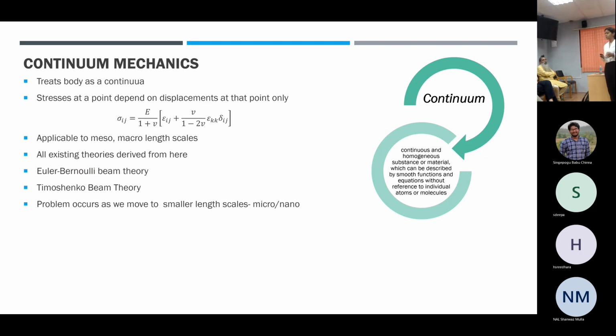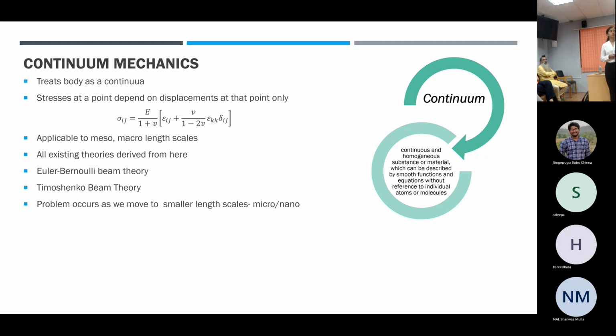So even the classical elasticity theory derived the stresses using this assumption, that the stress at a point in a body depends only on the strains at that particular point. That's why we have this classical law, which is Hooke's law.